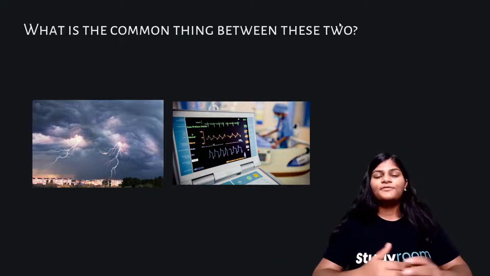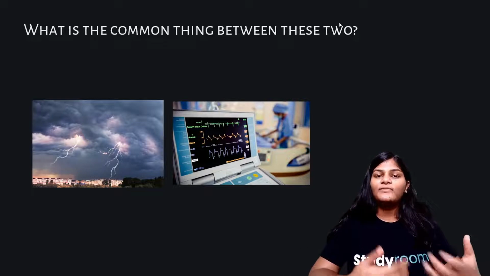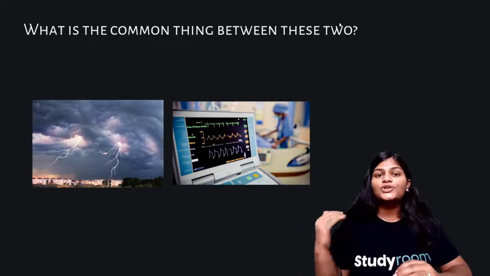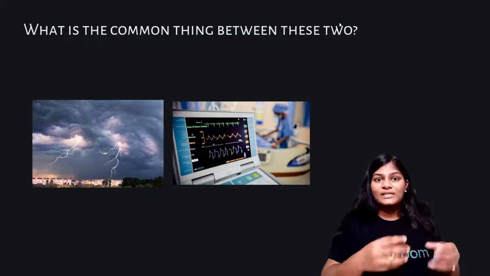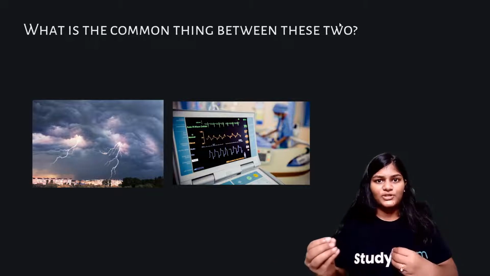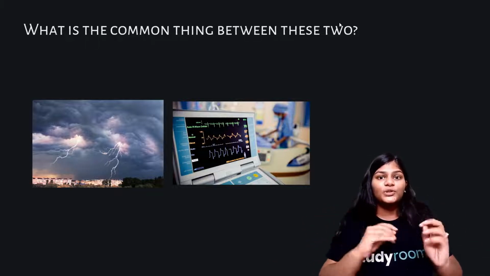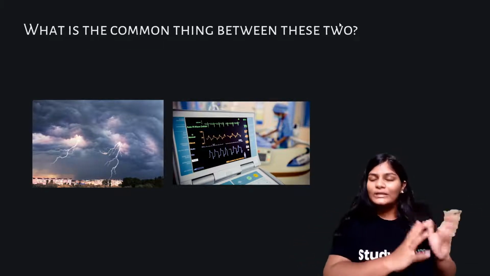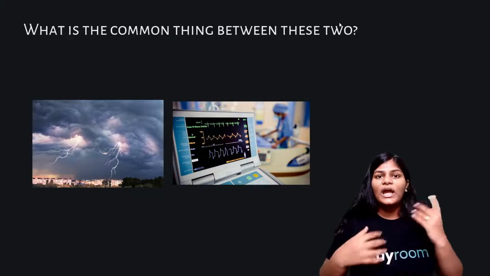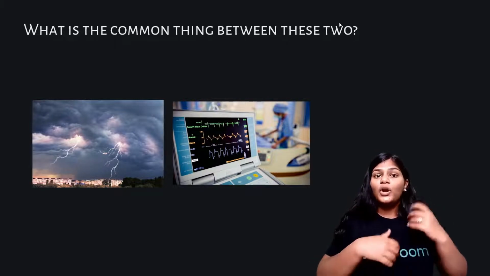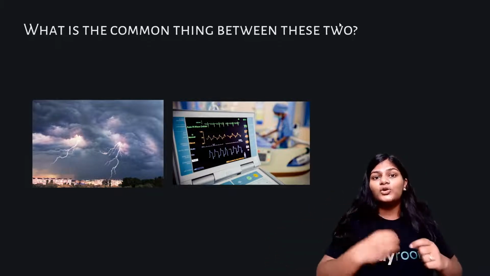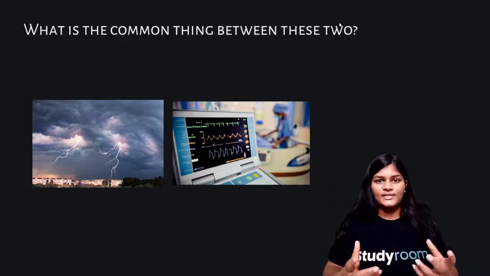So basically, if a lot of you don't know about it, if you haven't studied it in your biology chapters yet, messages through our body are sent basically in the form of electric messages. Between the neurons, the messages are sent in the form of electricity or electric current. All that we're going to study in detail, but I'm just giving you a brief. So your heart muscles basically contract or relax based on those electric signals that they receive.